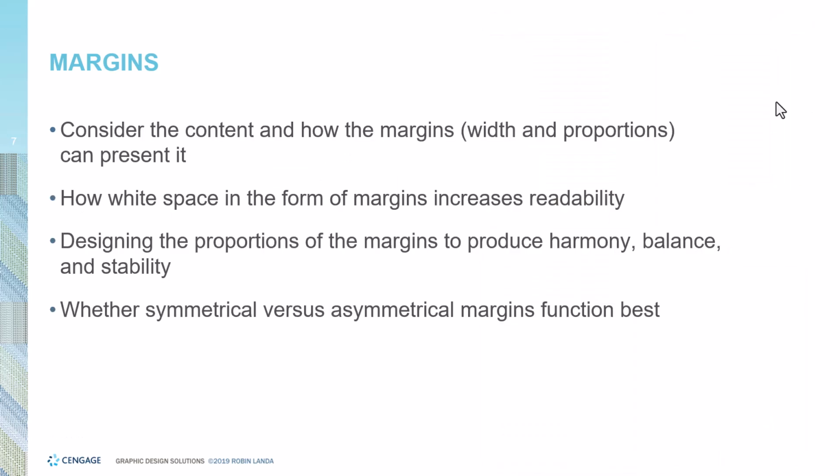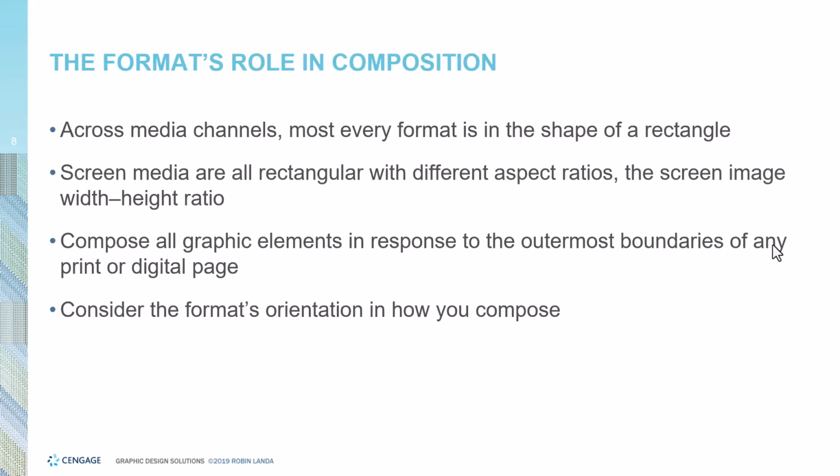Considerations for determining the margins include how the margins can best present the content, white space in the form of margins increasing readability, control the proportions of the margins to produce harmony, balance, and stability, and consider function and aesthetics of symmetrical versus asymmetrical margins.